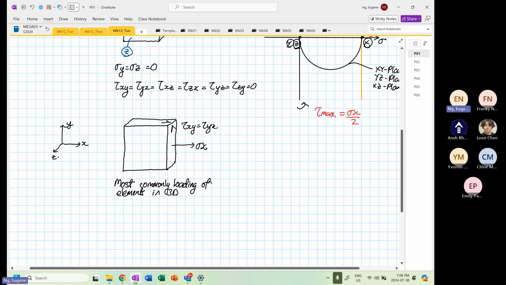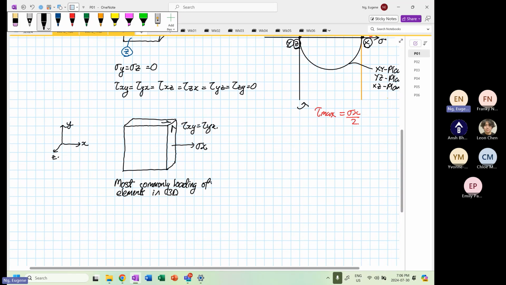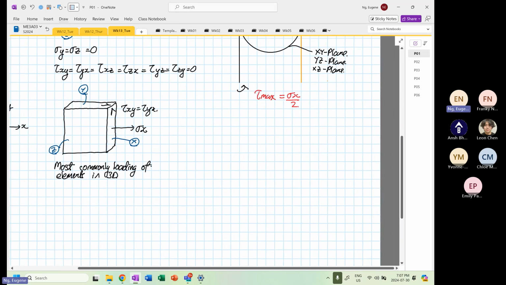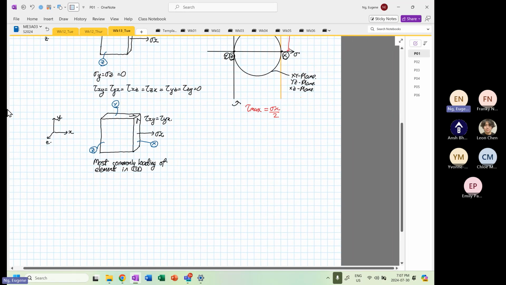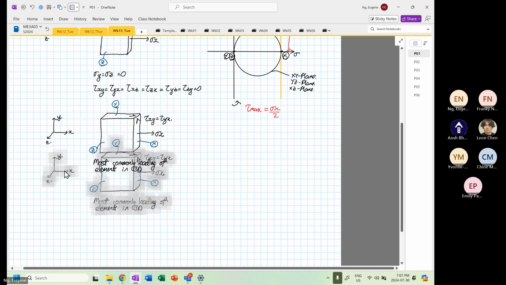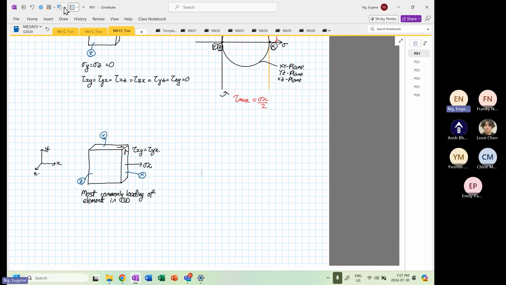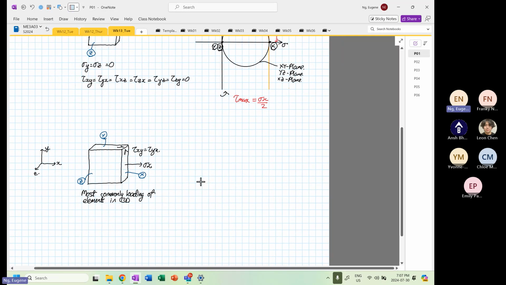Okay, so when that's the case, when now we were to sketch Mohr's circle, again, we label this as X, we label this as Y, and we label this as point Z. Okay, so when we sketch our Mohr's circle, let me bring it down slightly. So when we sketch our 3D Mohr's circle, right, it looks different.